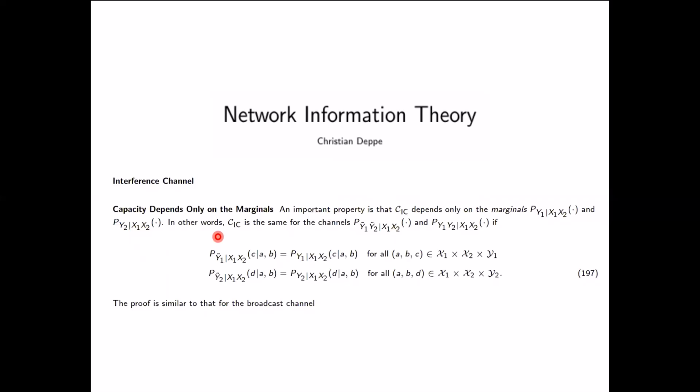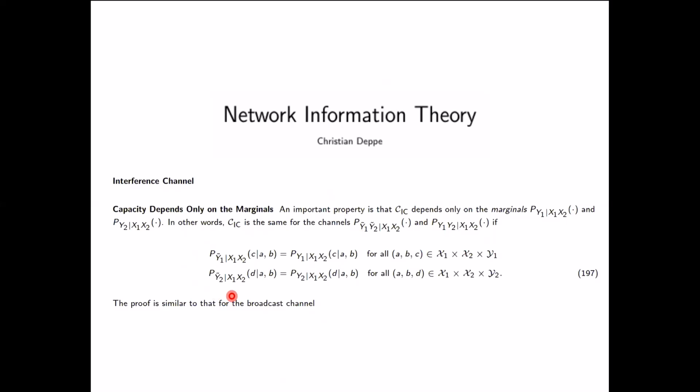That means the capacity region is the same for the channel with y1 tilde and y2 tilde and the channel with y1 and y2, if the marginal channels are the same.